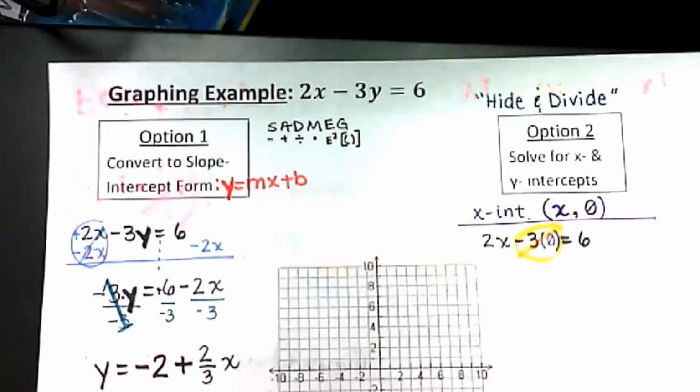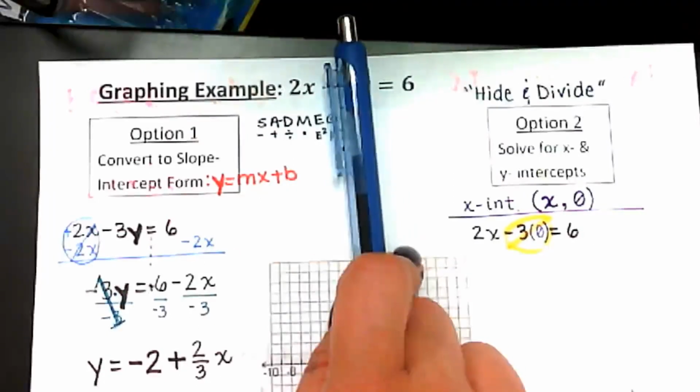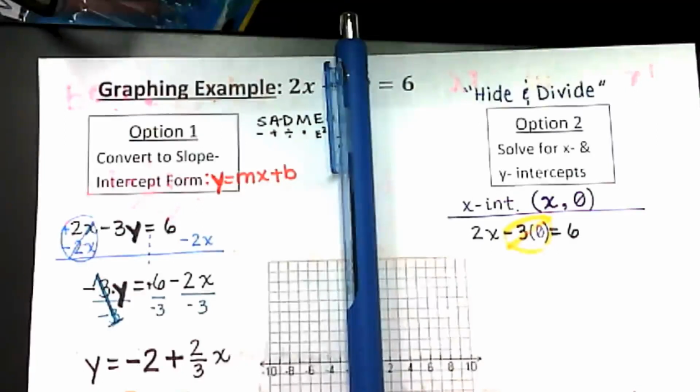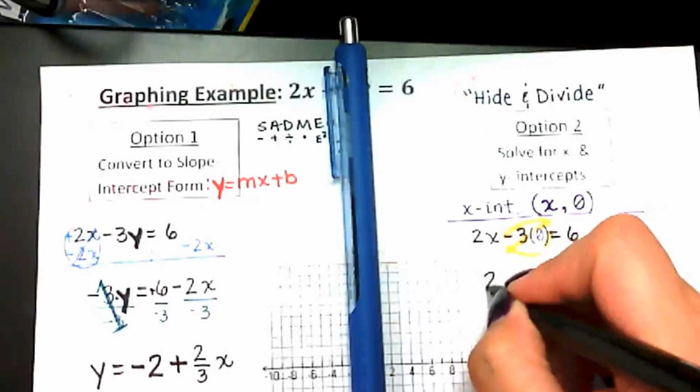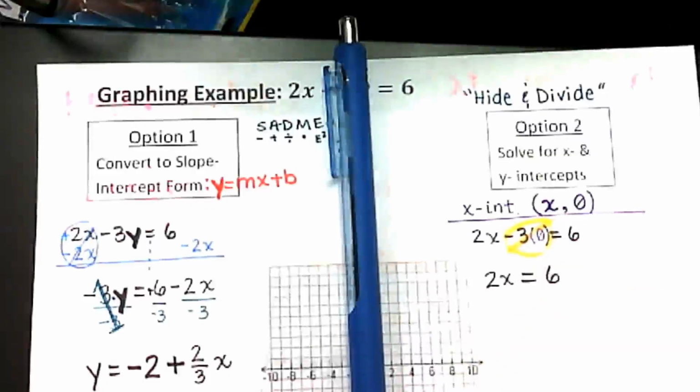So if I want to find my x-intercept, well, I really don't care about my y. I could literally hide it. I'm going to keep that hidden there because what I did by substituting, I bring down just 2x equals 6.